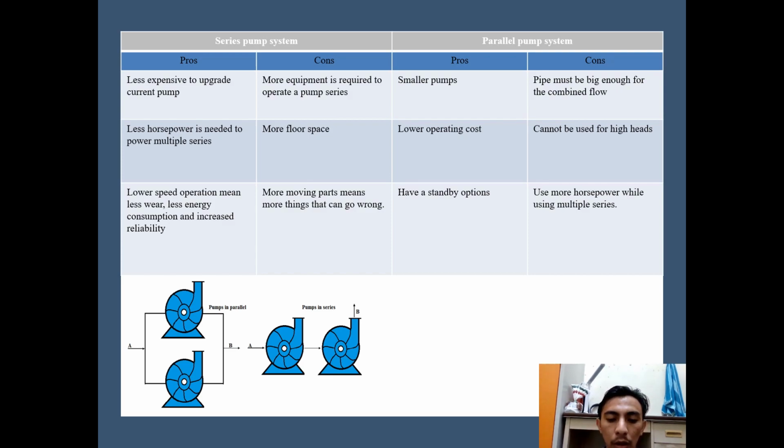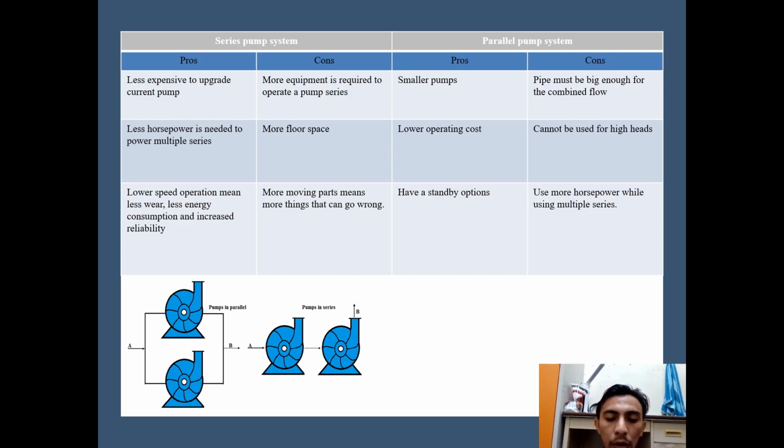As you can see in this picture, we have two ways to connect our pump: the first one is the series system pump and the second one is the parallel system pump.